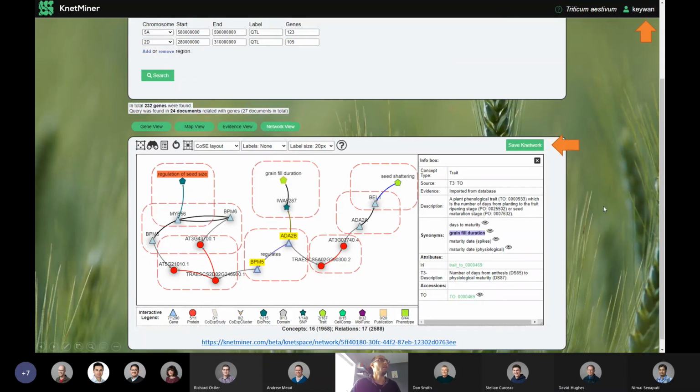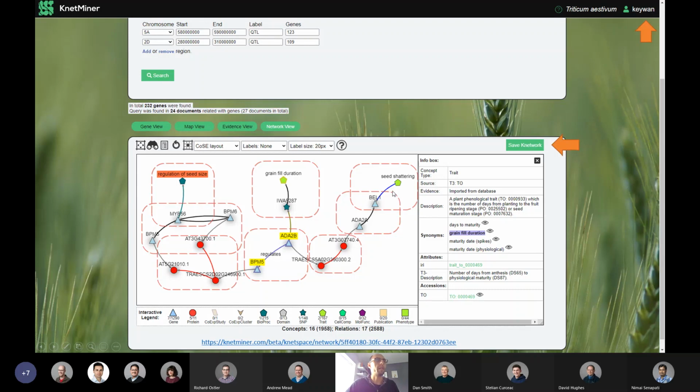Okay, so what did we do? So we started with 2 QTLs. We narrowed it down to 2 genes that were top ranked in those 2 QTLs. We could see there is a gene network. And the different types of information I looked at, like circled in this example here, they were all coming from different data sets. So we had information coming from Ensembl Plants, we had information coming from BioGRID, we have information coming from Gene Ontology annotations. This top information is coming from a database called T3.